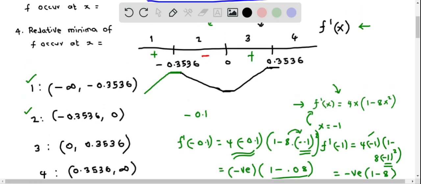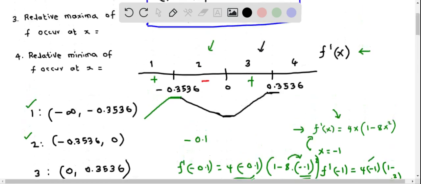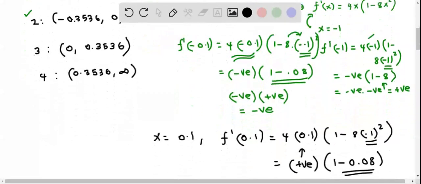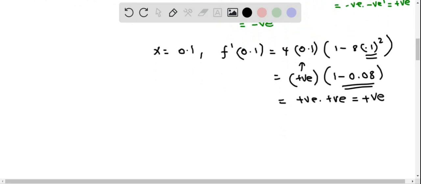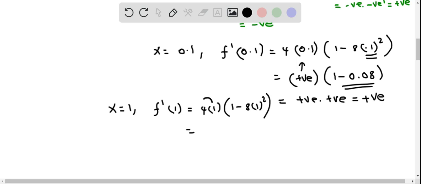Now let's determine the sign in the last interval, the fourth interval. We can take a random x value, x equals 1, and plug it into the function. So f prime of 1 equals 4 times 1 multiplied by 1 minus 8 times 1 quantity squared. 4 times 1 is positive, and 1 minus 8 is clearly a negative number.